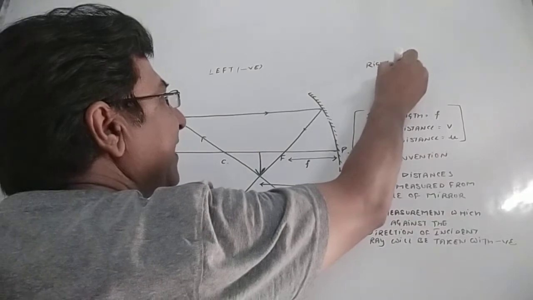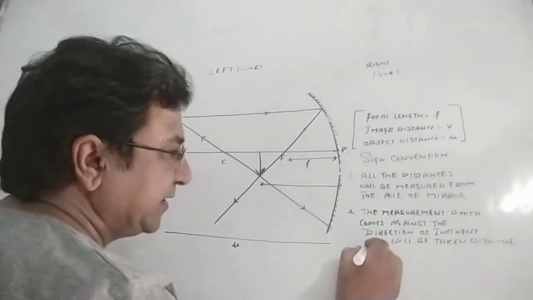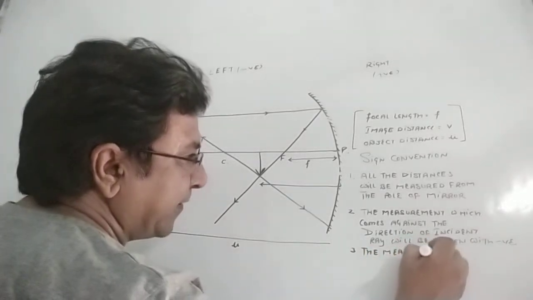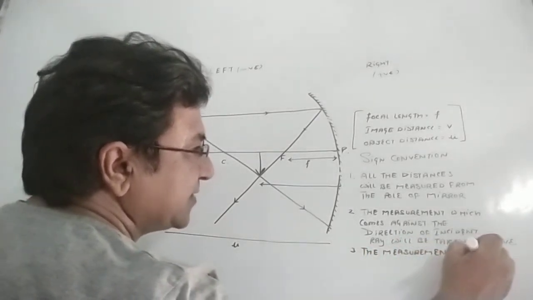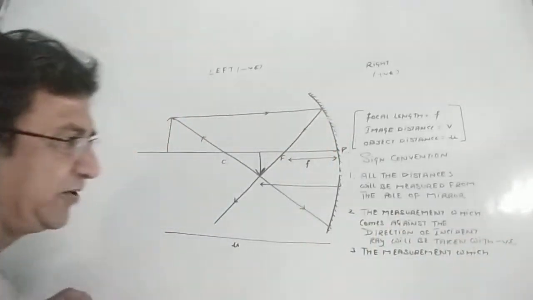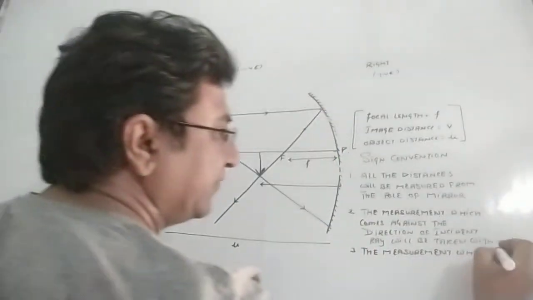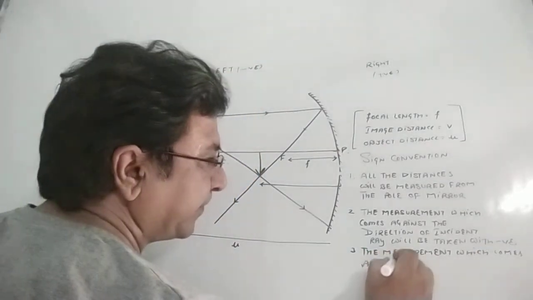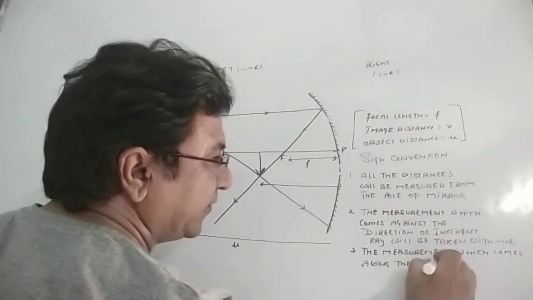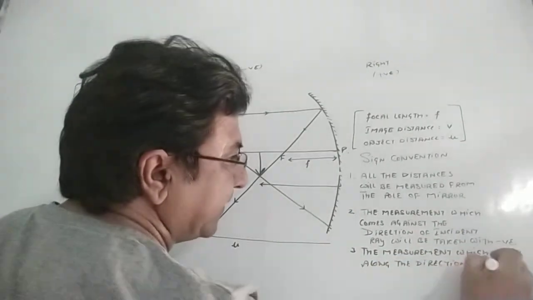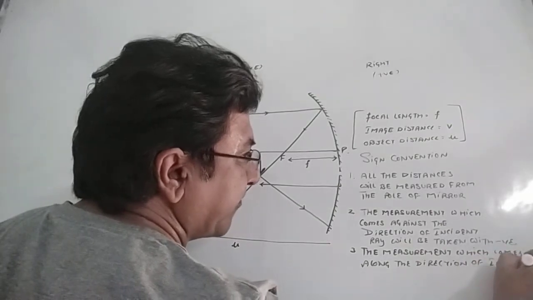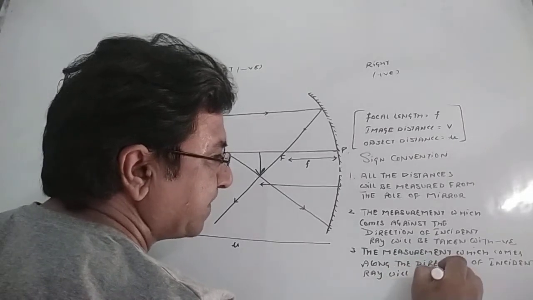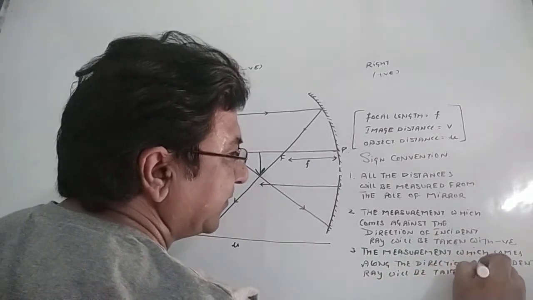So this is the third point. The measurement which comes along the direction of incident ray will be taken with positive sign.